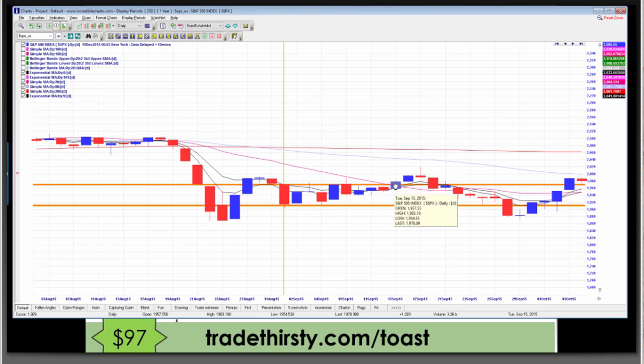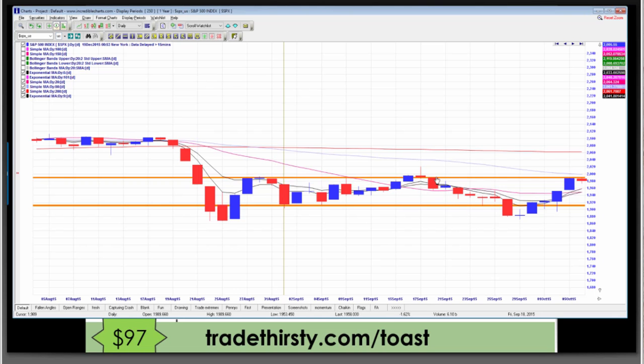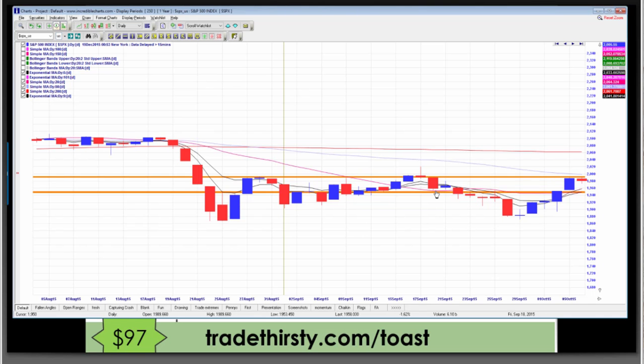So, closed above, bang. Got 2 days of bullish activity, open range worked again, new open range, Friday, September 18th. Closed negative, bang, went negative until October 1st, new open range.